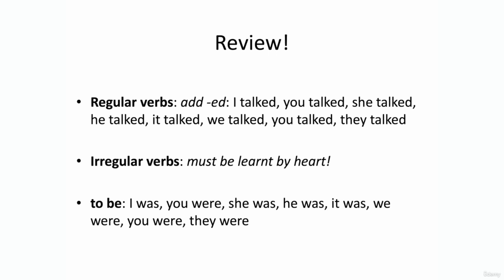Finally, the verb to be, which is also irregular, but important to mention. We conjugated in the past simple as follows. I was, you were, she was, he was, it was, we were, you were, they were.